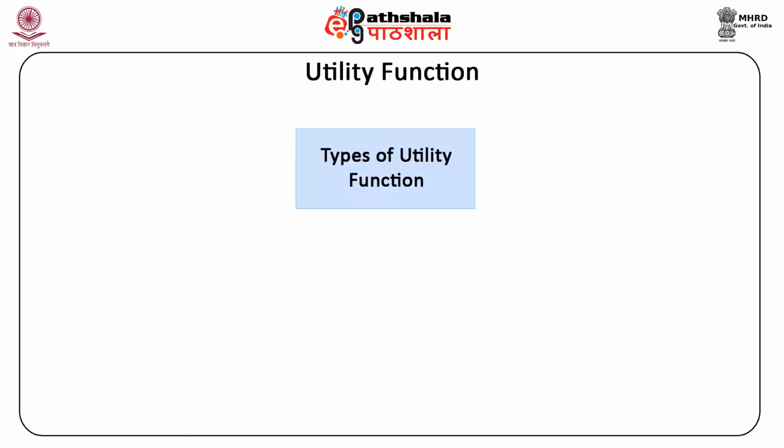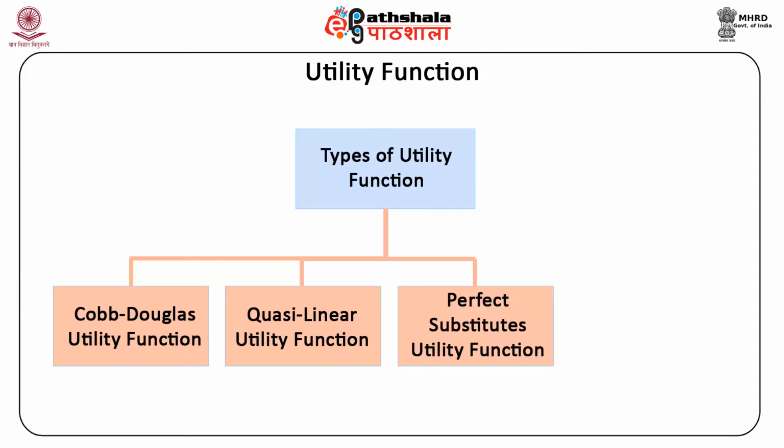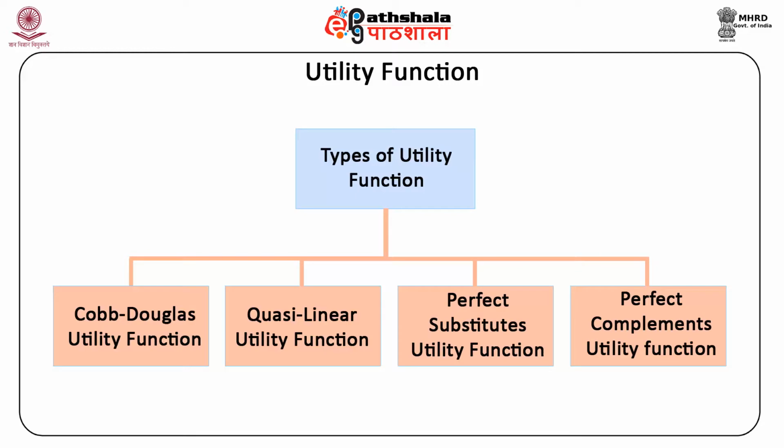There are different types of utility functions. We discussed some of the important and commonly used utility functions, which are the Cobb-Douglas utility function, quasi-linear utility function, perfect substitutes utility function, and perfect complements utility function.